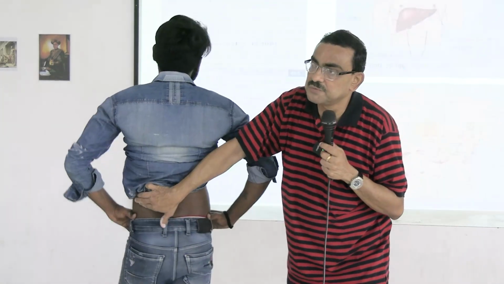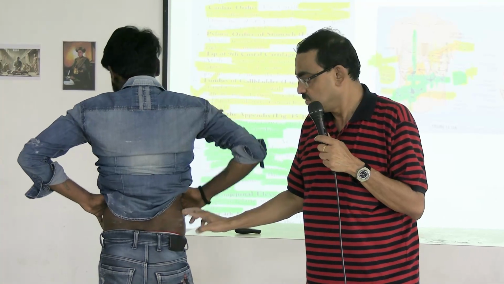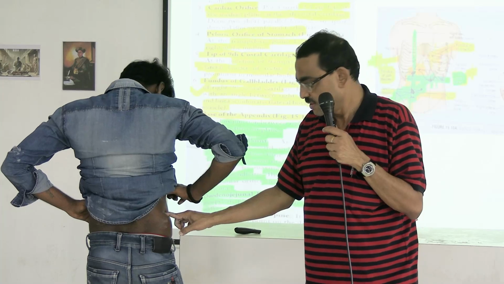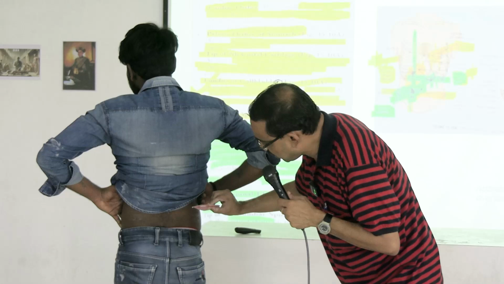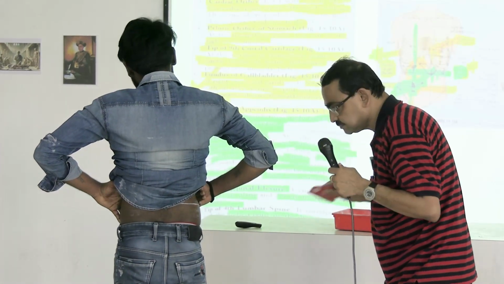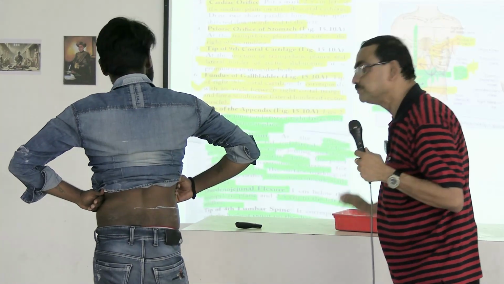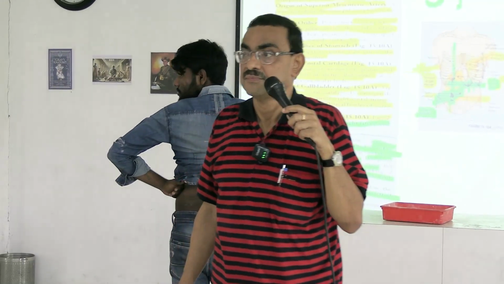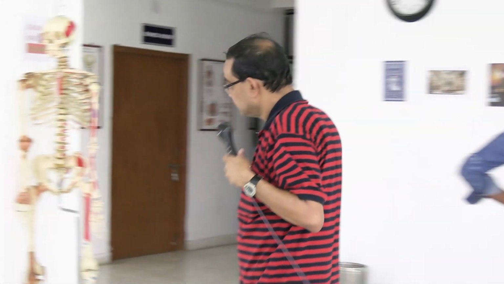It is from the back. We have to search for the highest point of the iliac crest, and through that we have to draw one line, which is called the transcrestal plane. We have to feel the highest point on the iliac crest.